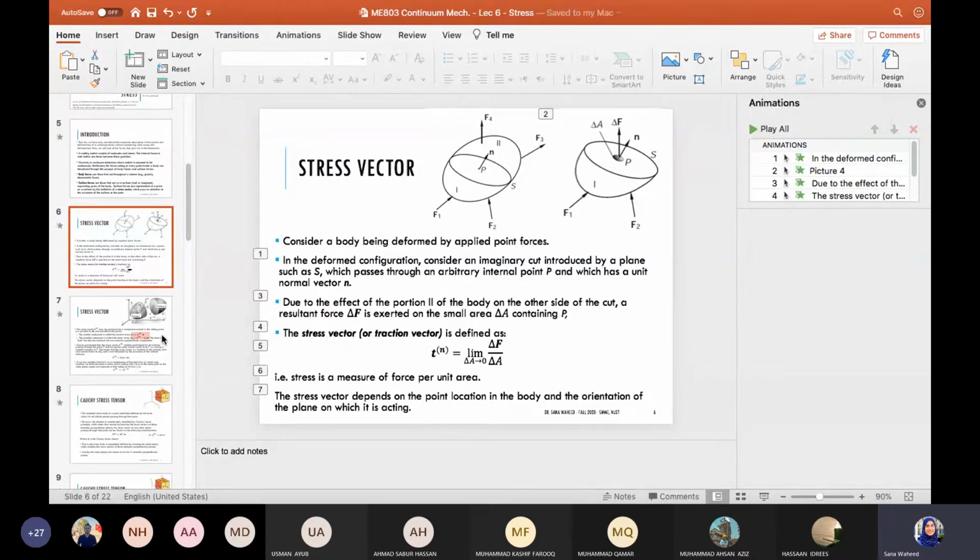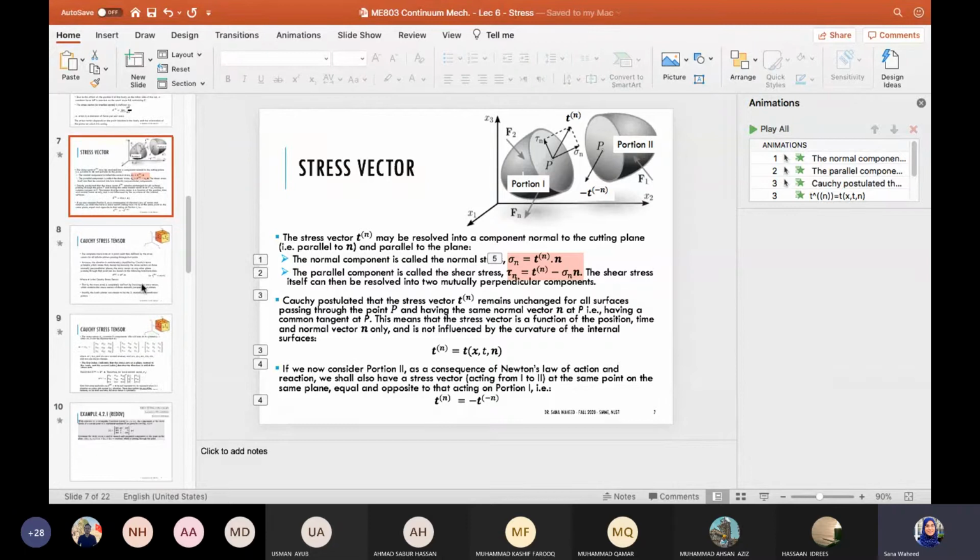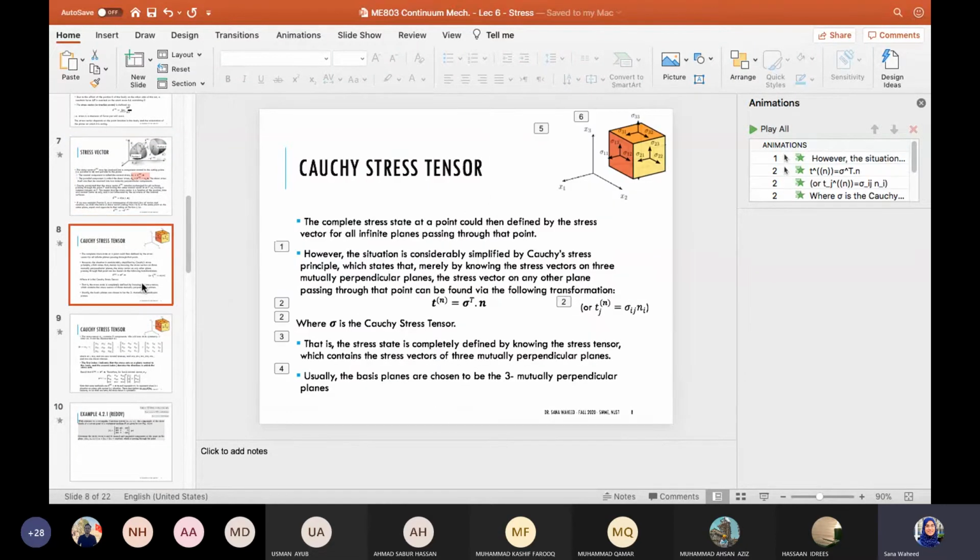In order to do that, I actually have to project my traction vector in the direction of the normal vector to find this sigma n and this tau n. We have discussed all of these things in detail in our discussion of the quiz as well, so I'll skip repeating all of that again.